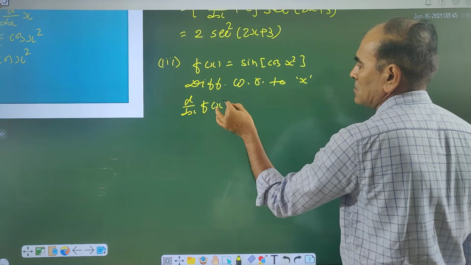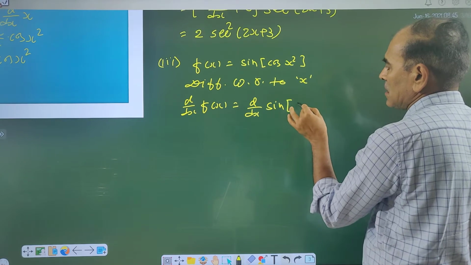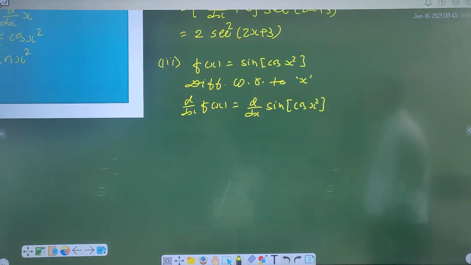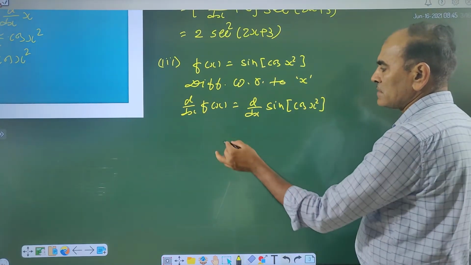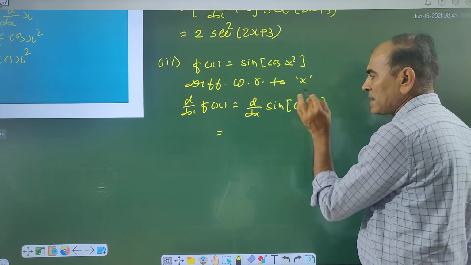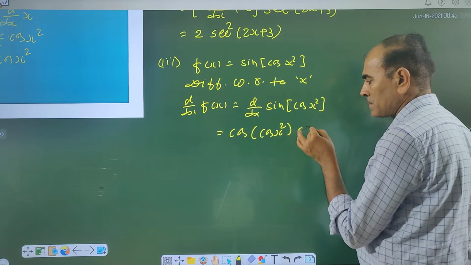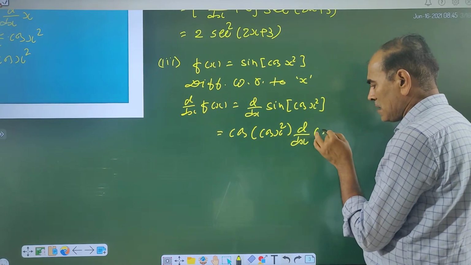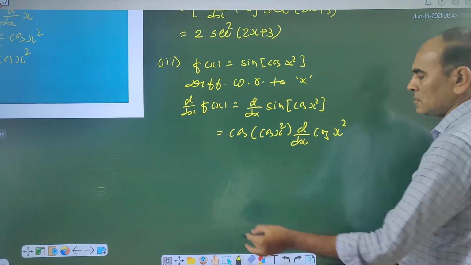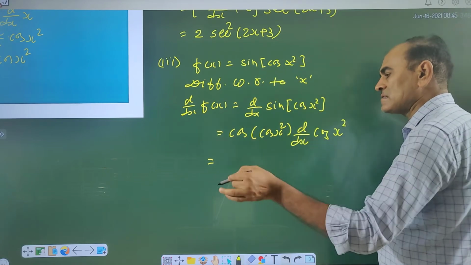So d by dx of f of x is equal to d by dx of sine of cos of x squared. Sine of some function, where the function is cos x squared, is cos of some function, d by dx of some function. Clear?